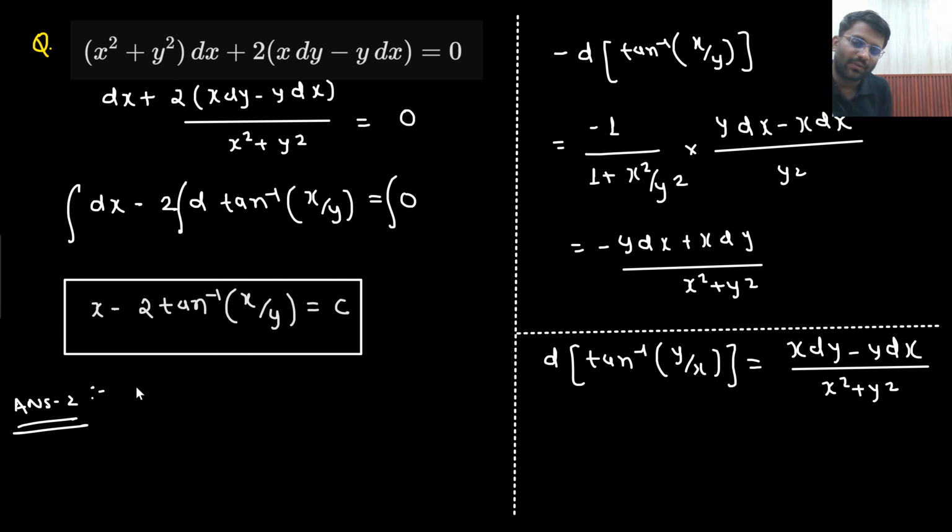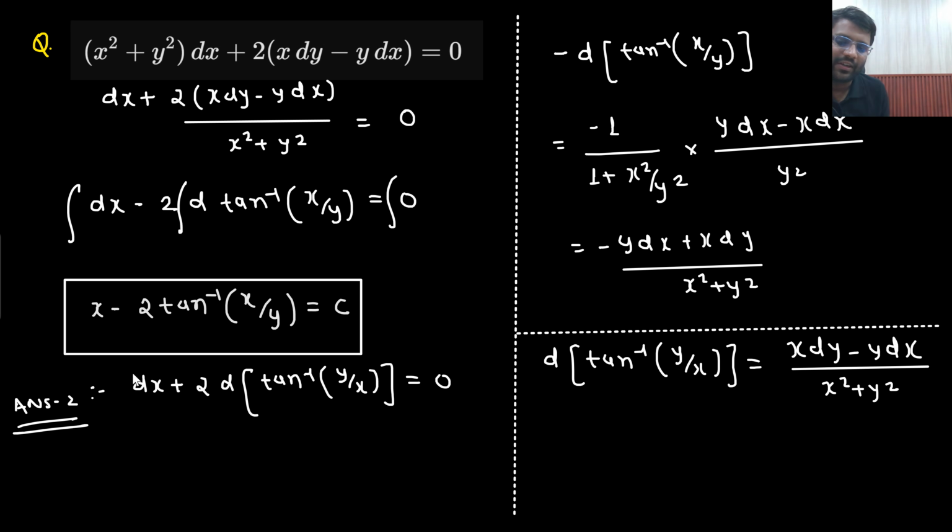So what is the scenario? dx plus 2 aside, x dy minus y dx. So this is coming out to be 2 d of tan inverse y by x, equals 0.